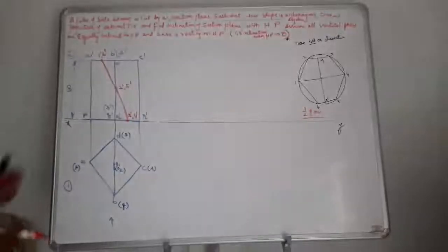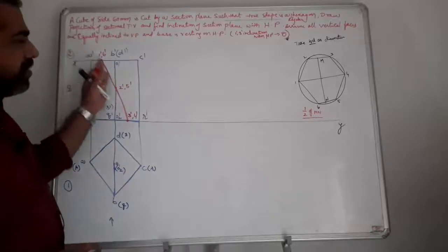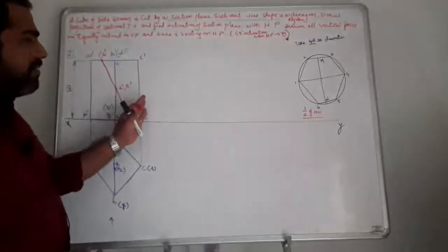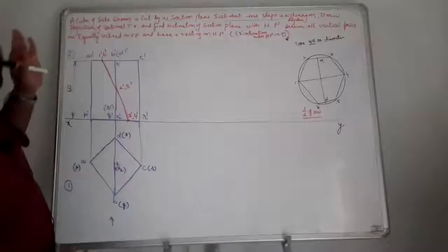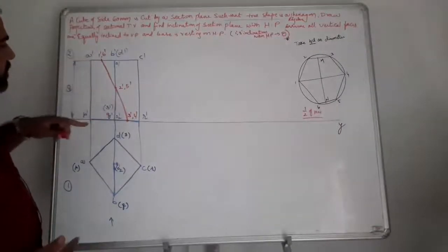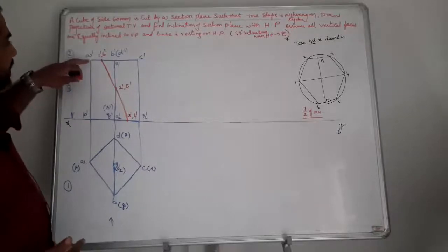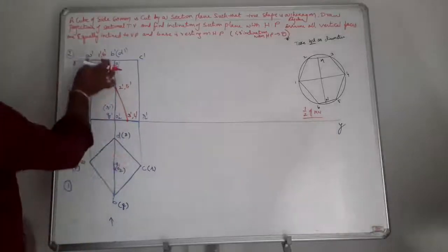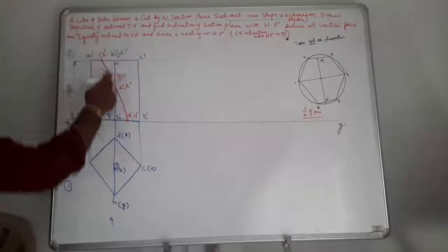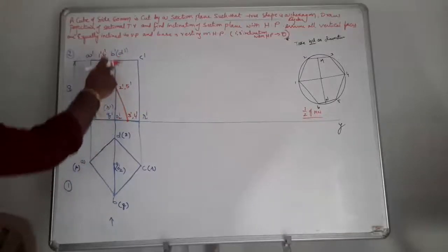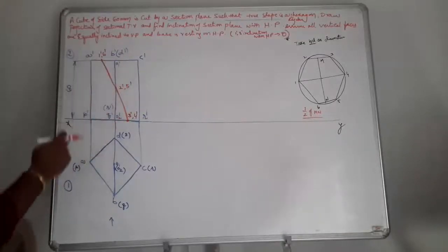Why? Because always start from left to right, and once it ends, again start from right and end to left. 1, 2, 3 points are going to be obtained, which are on the visible lines. A dash B dash is the visible base. Next, BQ is going to be a visible edge, so that is 2 points.